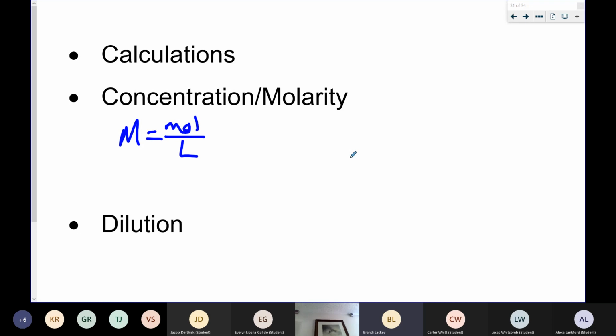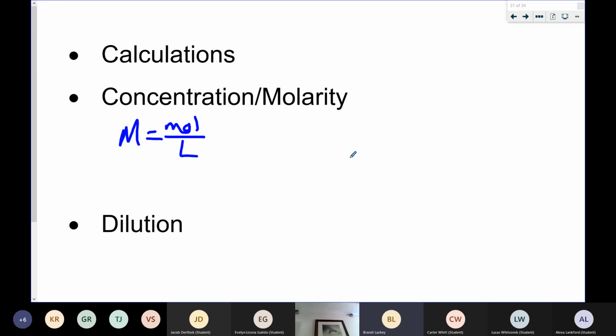Some things that I noticed is sometimes it may give you grams. You cannot plug in grams. You have to change into moles before plugging in. I also had some people where it gave you milliliters and they forgot to change to liters before plugging in. But overall, people did pretty well with those type of calculations.